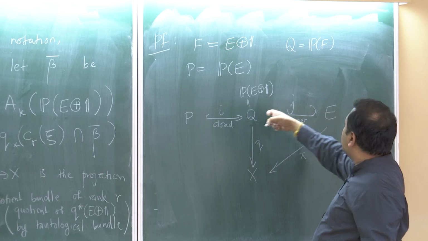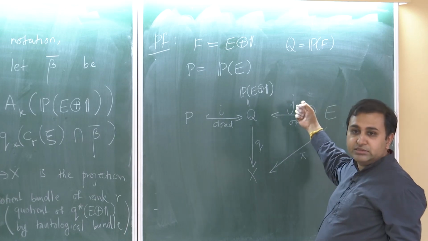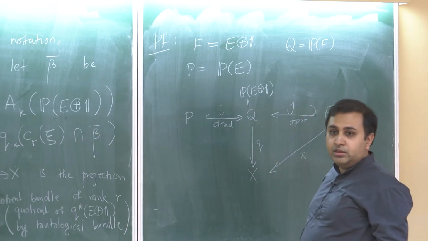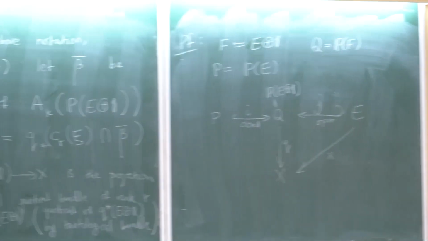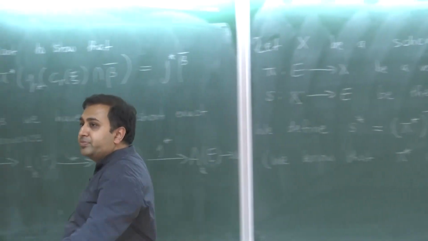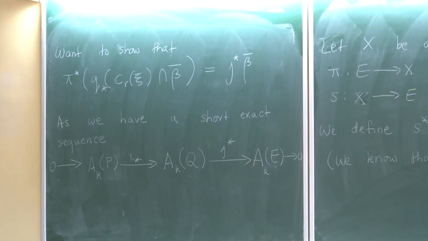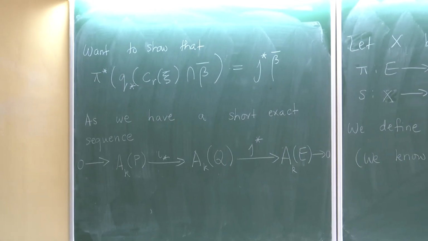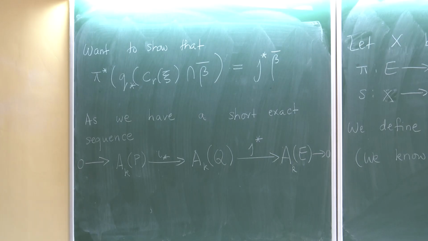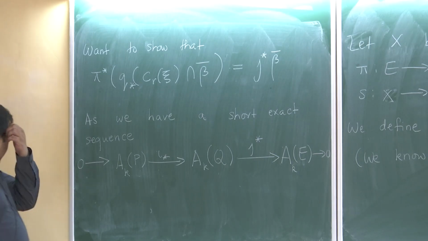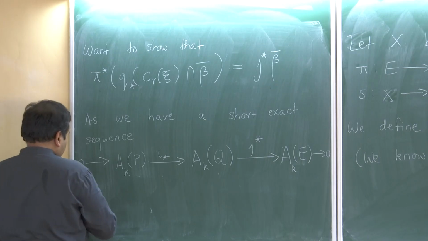So J upper star of beta bar is supposed to be beta, right? That is the way we constructed these things, so that is just definition. So by the projective bundle theorem, yes, there is that. It's just a projective bundle in rank 1. This is a sequence of modules, and we have this by the projective bundle formula.